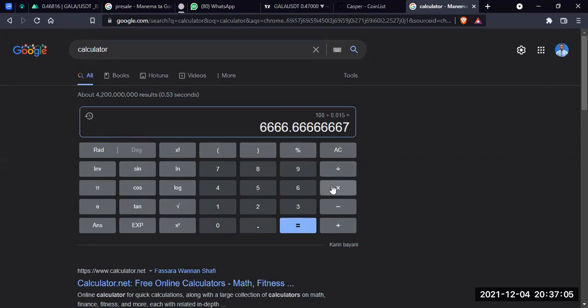So if you times this quantity by, let's say Casper gets to $0.1 at launch. From 0.015, it gets to $0.1. That is times 0.1. You have $666. But then what if it gets to $1? Let's calculate that. What if it gets to $1?